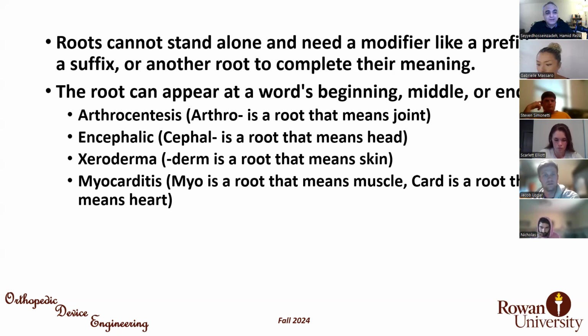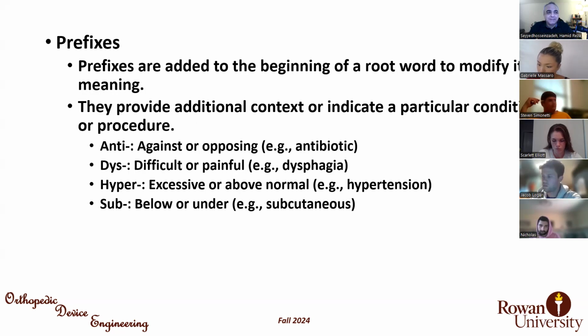And myocarditis, we have two roots here. Myo means muscle, card means heart. Itis is a suffix, meaning inflammation. So myocarditis means inflammation of heart muscle. You have two roots and one suffix. So you see there's no rule, you just need to learn it.